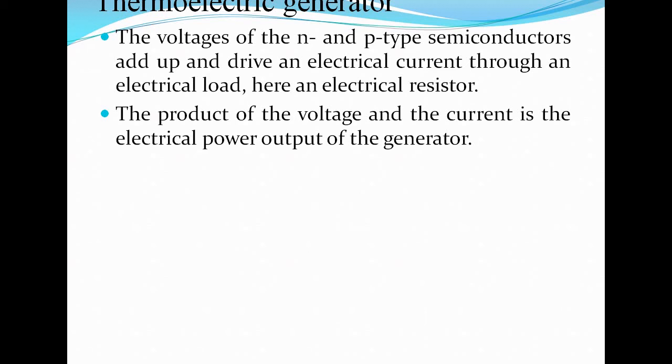Then the product of the voltage and the current is the electrical power output of the generator. So now you know that power is calculated by the product of voltage and current, V multiplied by I, that is current. This is how power is calculated.